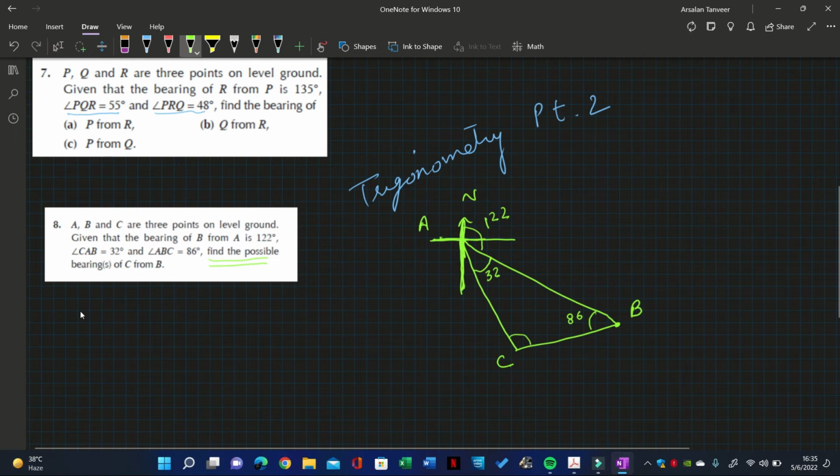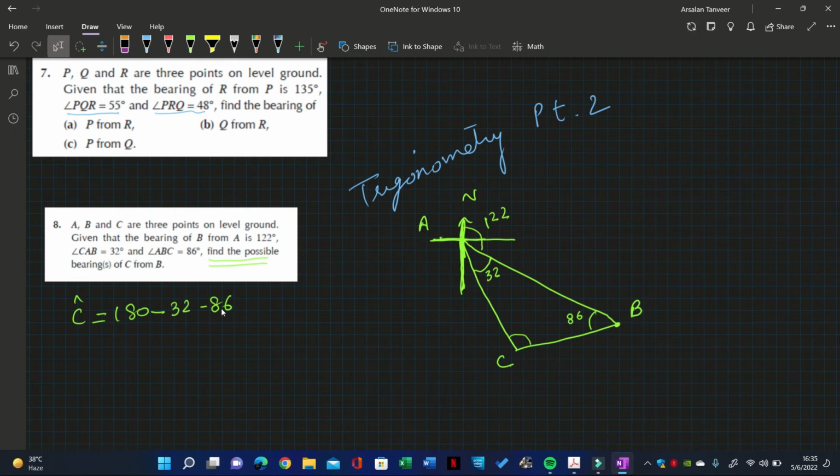So angle C would be equal to 180 minus 32 minus 86. So let's do the calculations. 180 minus 32 minus 86 will give you 62 degrees, and you will place it here.